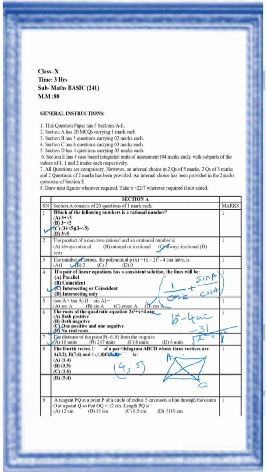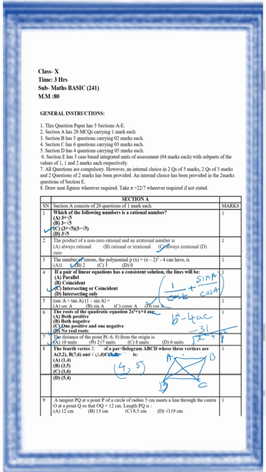Then the coordinate of the midpoint of BD is equal to the coordinate of the midpoint of AC. Here D we don't know, we have to find out. Already B has been given. 7 plus x by 2 is equal to 4. So 7 plus x is equal to 8.